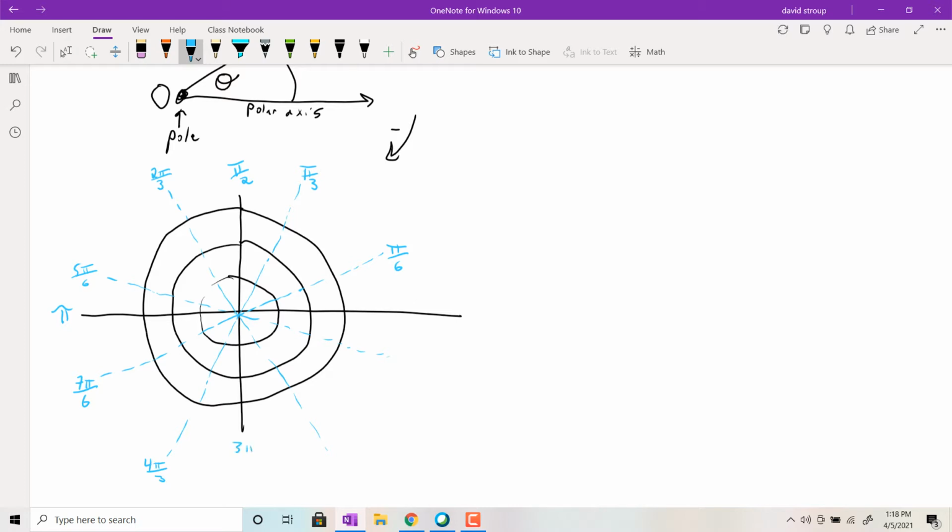This would be 3 pi over 2, or 9 pi over 6. 10 pi over 6, which is the same as 5 pi over 3. Let's just put 5 pi over 3. And then this is 11 pi over 6.